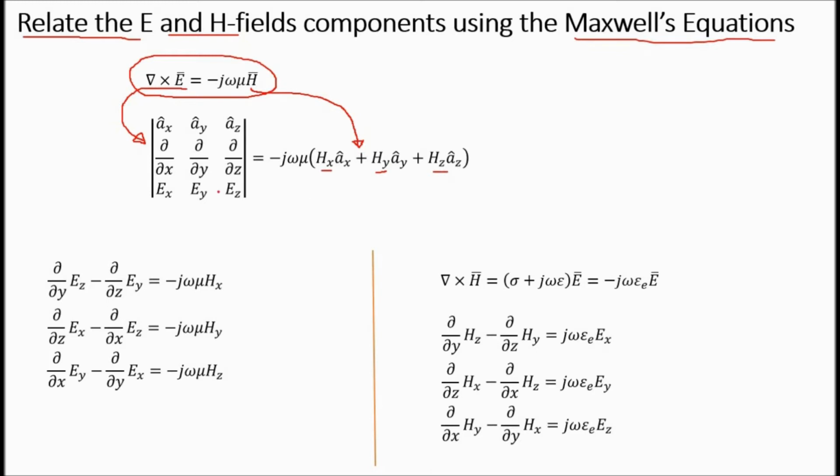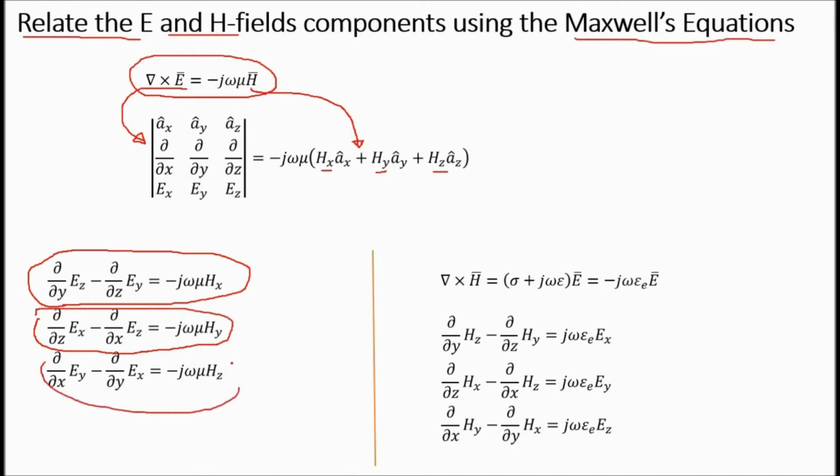Now we expand the matrix and also equate the similar terms. Then we get the x component as partial Ez over partial y minus partial Ey over partial z is equal to negative j omega mu Hx. Similarly, the y component can be obtained from the second equation here, and the z component can be obtained from the third equation.